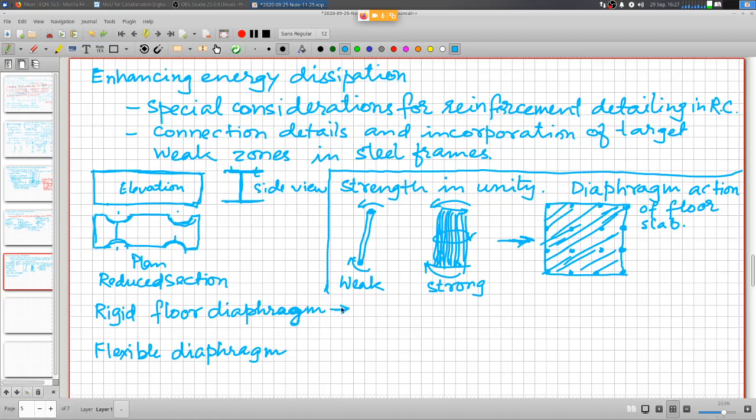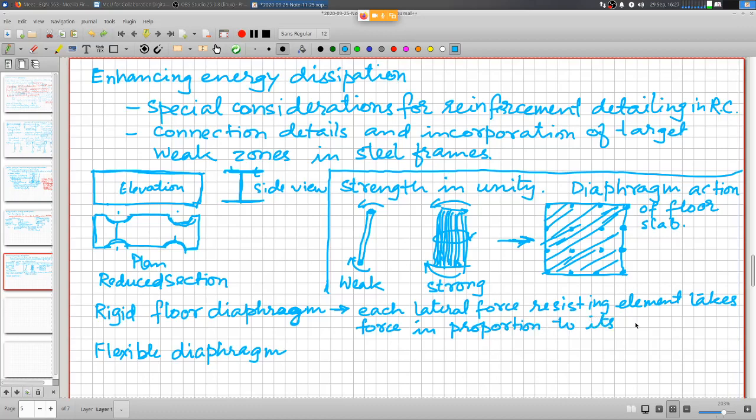In a rigid floor diaphragm, each lateral force resisting element takes force in proportion to its stiffness.